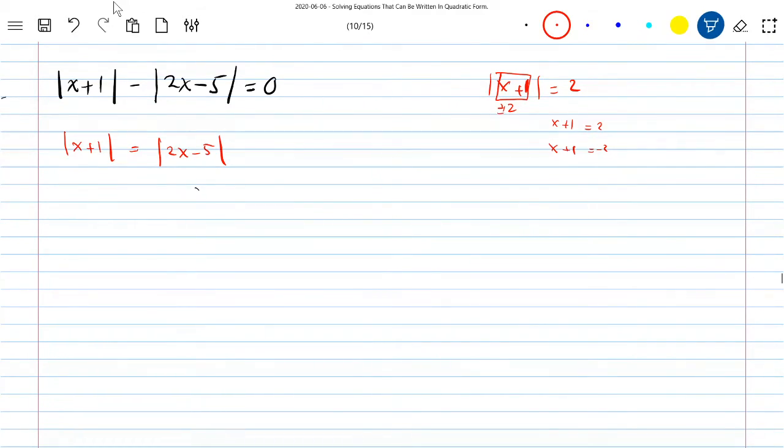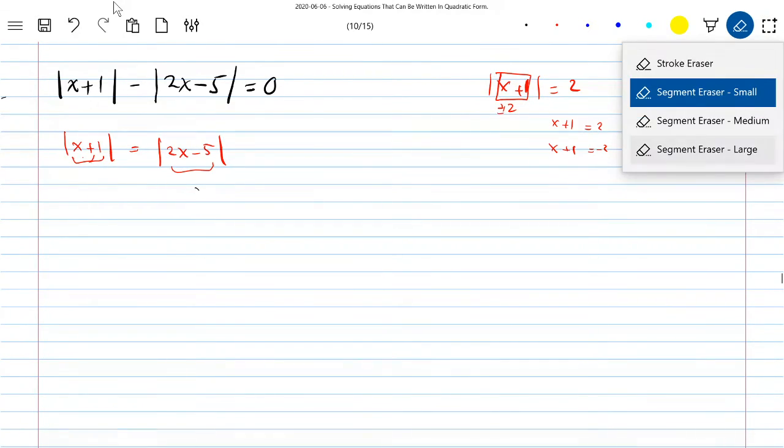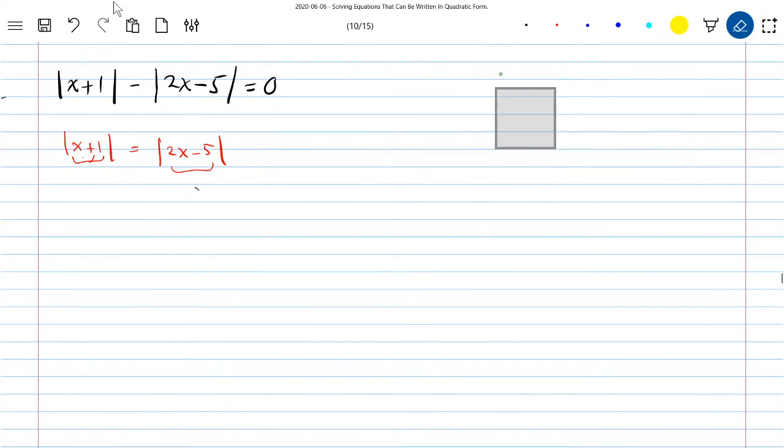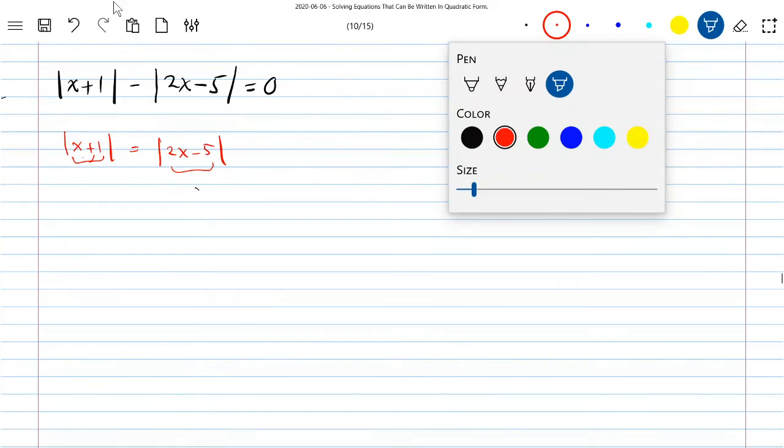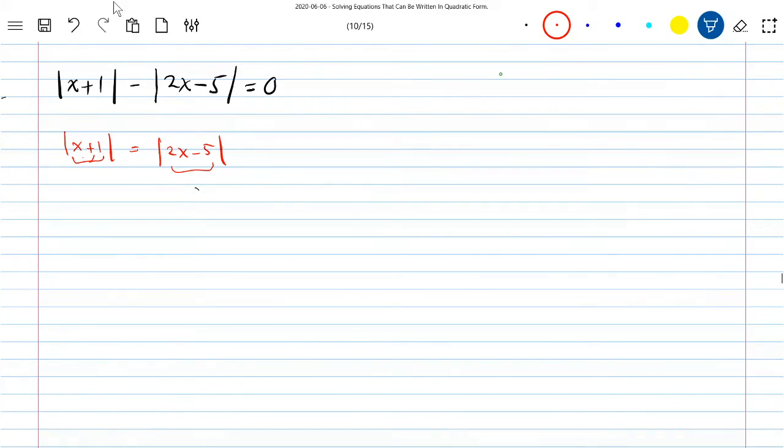So here, the insides must be equal to each other, or they must differ at most by a negative sign. If the left-hand side is 3, the right-hand side could be negative 3. If the left-hand side is negative 5, the right-hand side could be negative 5 or 5. So I can simply set up this equation.